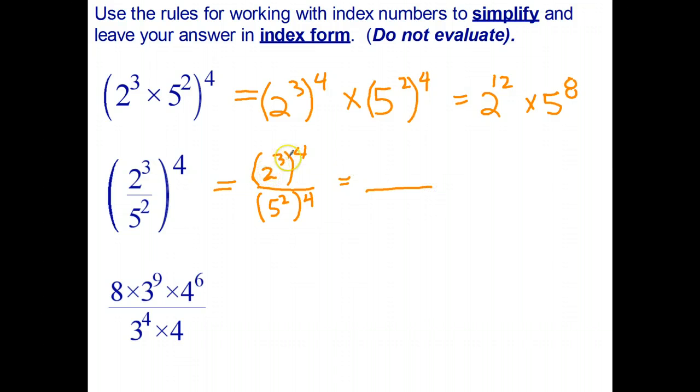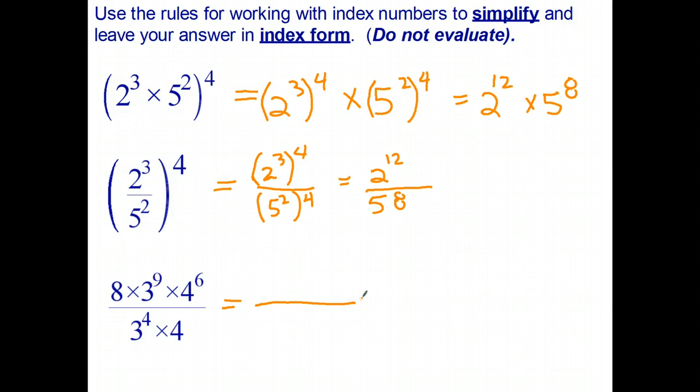Once again, to raise a power to a power, multiply powers. That's 2 to the power of 12. And here, 5 to the power of 2 times 4, 5 to the power of 8. So 2 to the 12th divide 5 to the 8th.